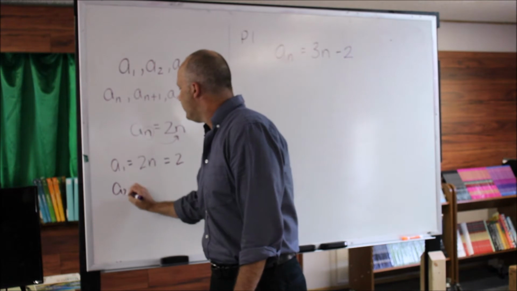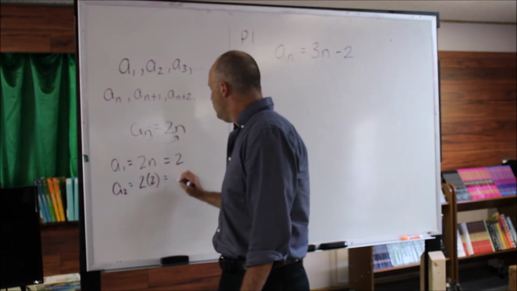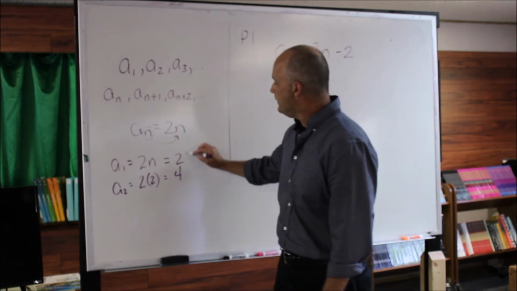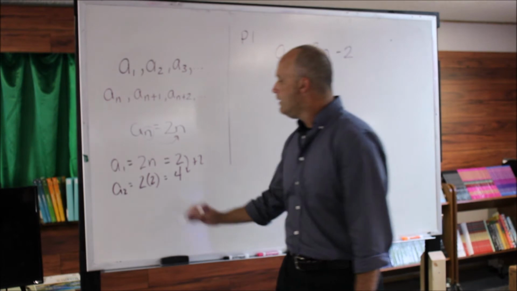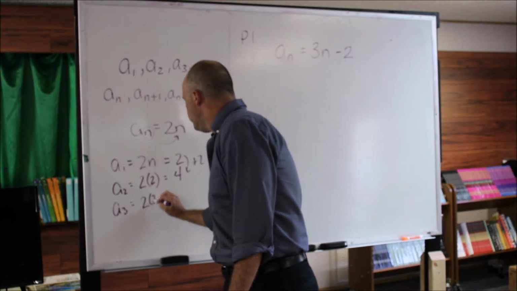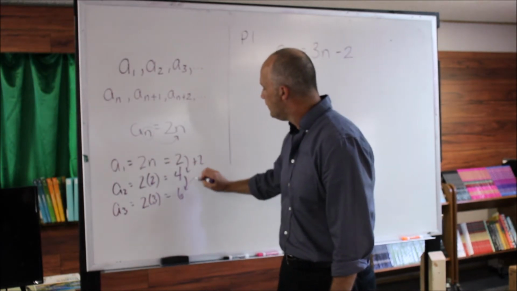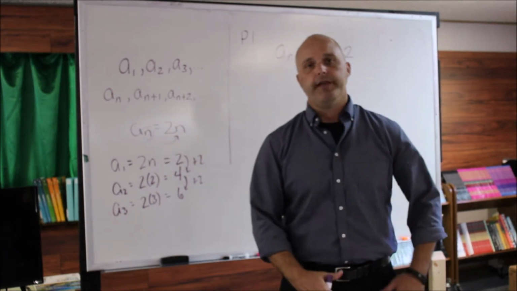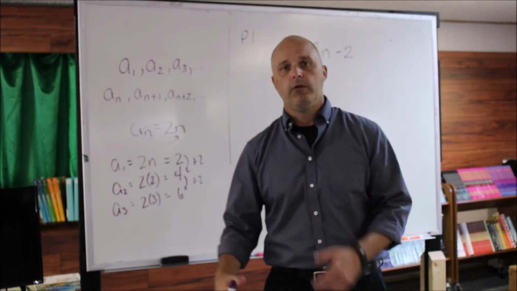If we do a sub 2, that's 2 times 2, which gives us 4. What you can see is we've gone from 2 to 4, so we've added 2. If we do a sub 3, then we get 2 times 3, which is 6. And again, going from here to here, we've added 2.